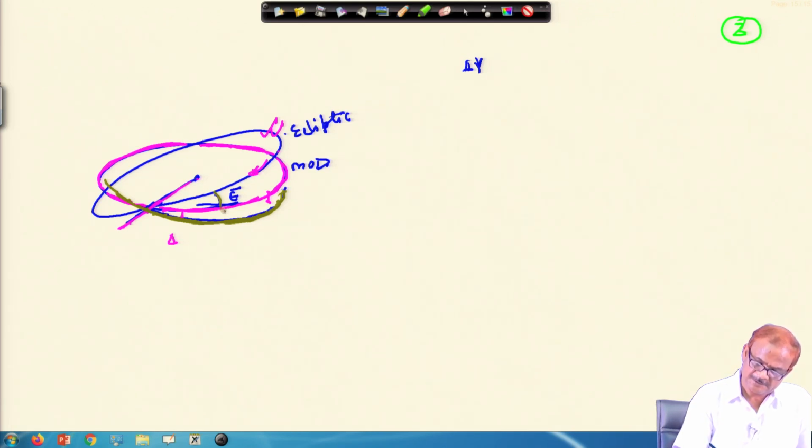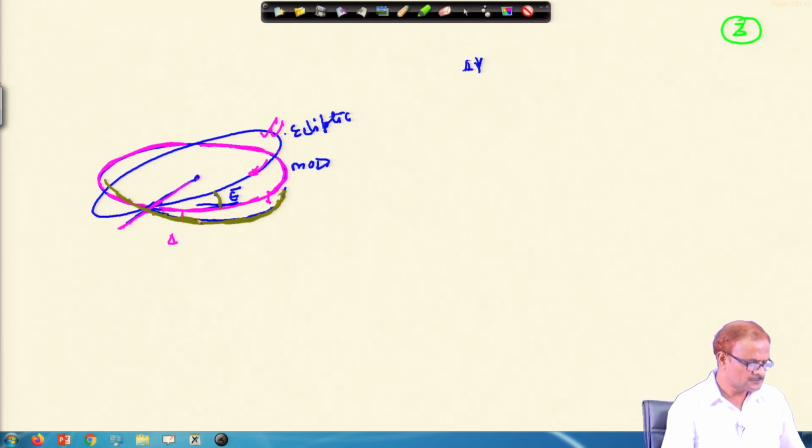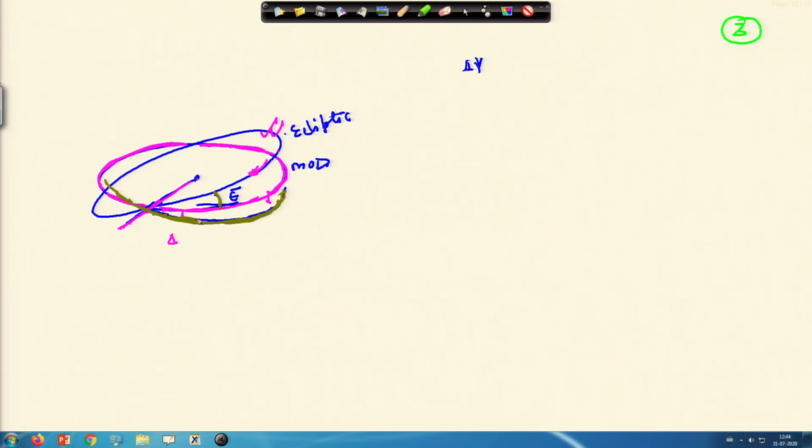So, this angle was epsilon, okay, and then you are taking it down, okay, I will show it on some other figure where this will become clear. I am not able to make it using these thick lines. So, I will show it through some other figures, it will be much better.